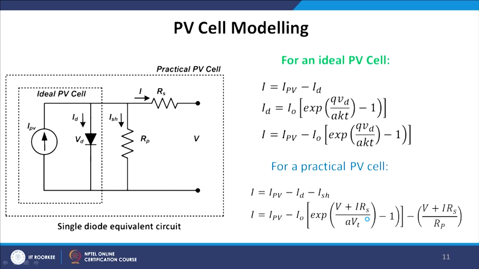First one is the ideal one, single diode equivalent circuit, but the practical one where we have to represent the PV cell with both shunt and series resistances. For an ideal PV cell, the current equation is given by this, and for a practical PV cell the current expression can be obtained by this. So, please do remember, we have to consider the practical modeling of our PV cell for any further analysis.